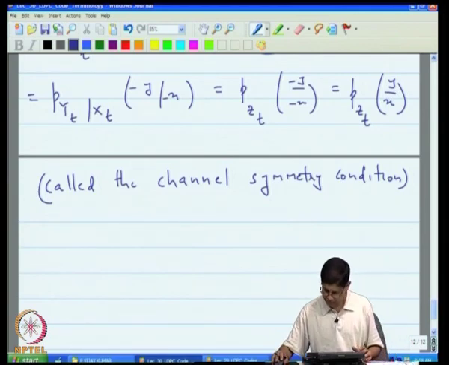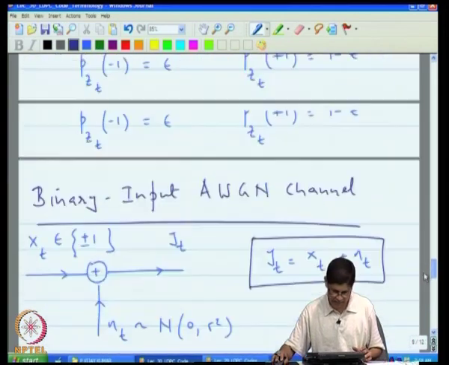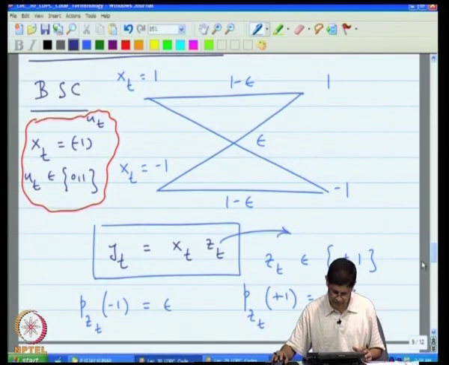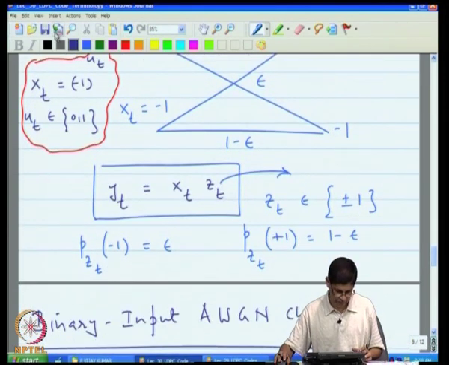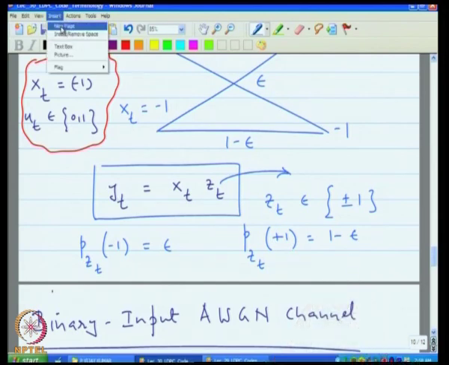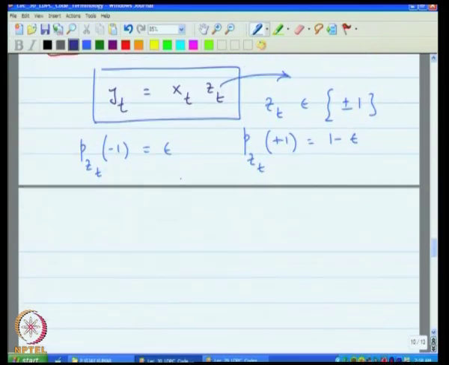All right. And I want to point out that the same channel symmetry condition also holds in the case of the binary symmetric channel. So, let us check that.